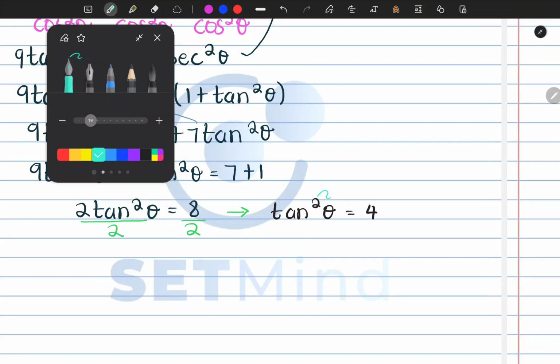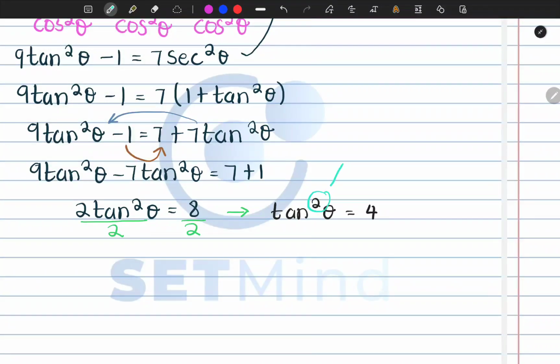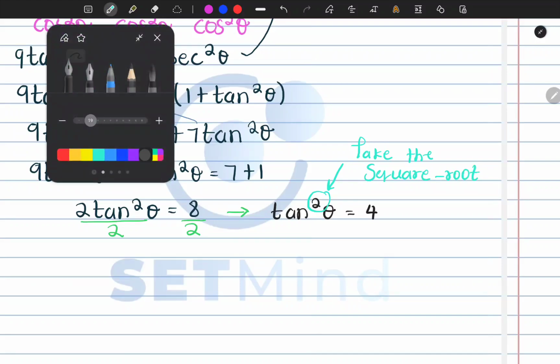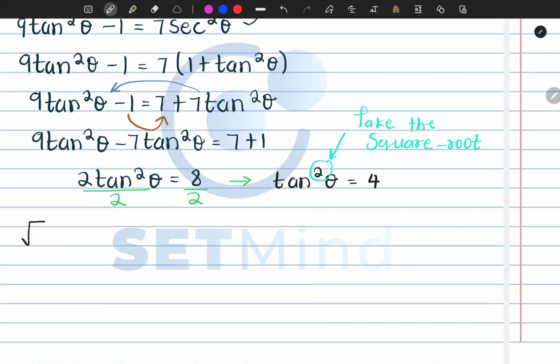All that is left now is we need to remove the square, and for us to remove that, we need to take the square root. What you do on the left, you also do on the right. Alternatively, we can even use a difference of 2 squares. If you look carefully, we can have tan squared theta minus 4 equals 0.